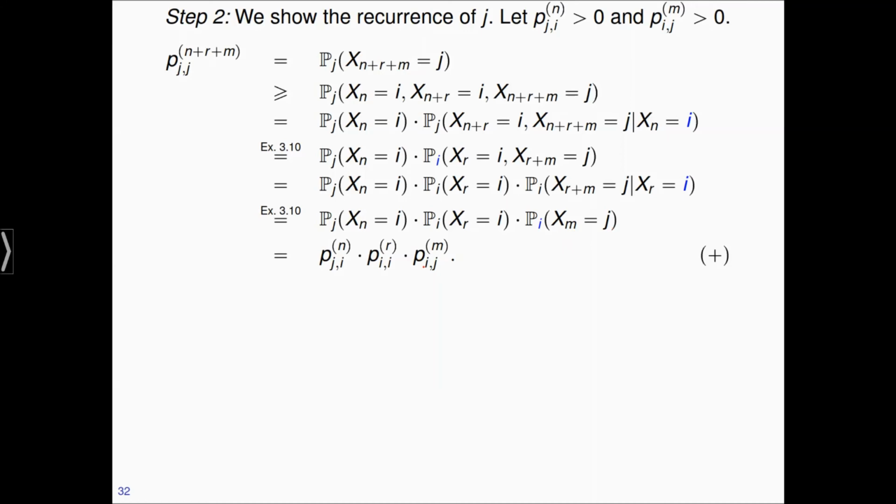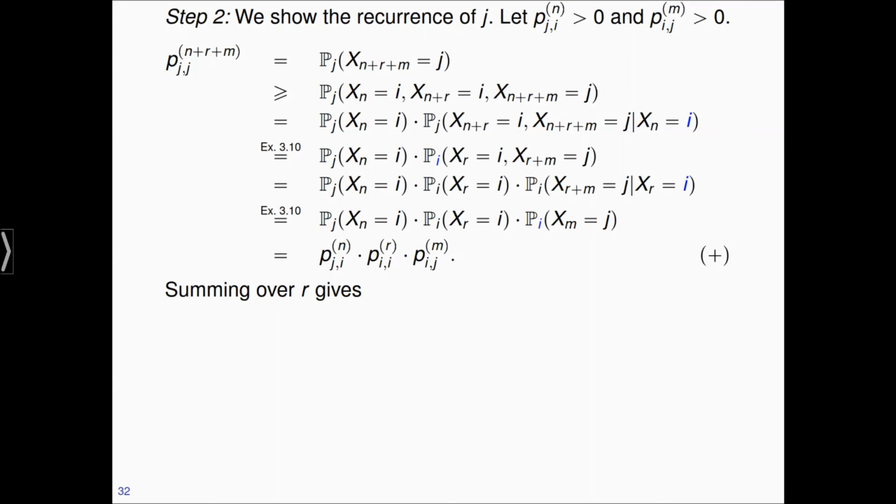So this is p_ij^m. I marked this inequality here because we're going to use this quite a few times later on also. This is quite an important proof in a sense, because it will appear as a piece of other proofs later on. So I will put a remark after the proof saying that inequality plus will be used later on, and I will put a number to it in order to be able to reference it.